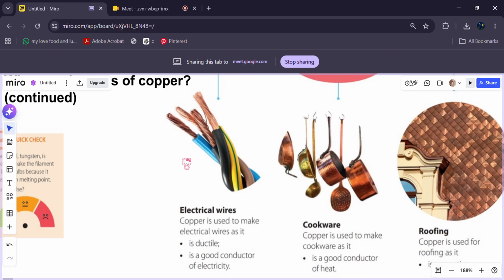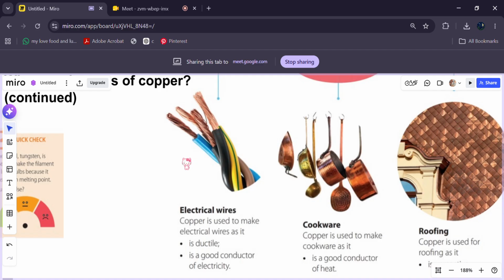In fact, copper is the second best metal used for electricity conduction. So we use copper instead of silver or other metals because it's easier to get and it's very good at conducting electricity. It's also used for cookware because it's a good conductor of heat as well.